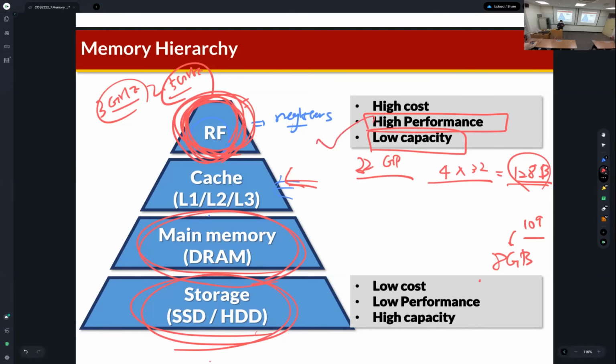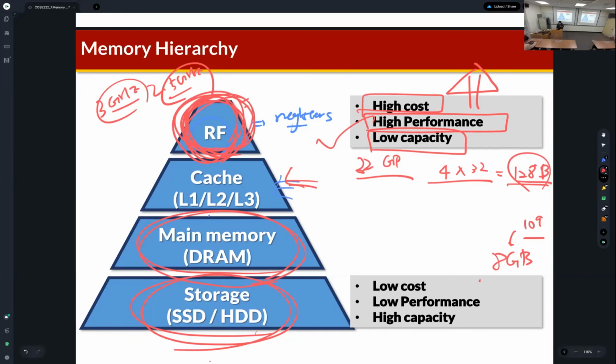So what is the problem? The performance is very high, but the cost is also very high. We are living in the real world, so if the performance is high, which means the quality is high, it's expensive, not cheap.